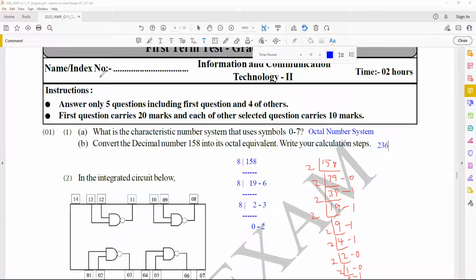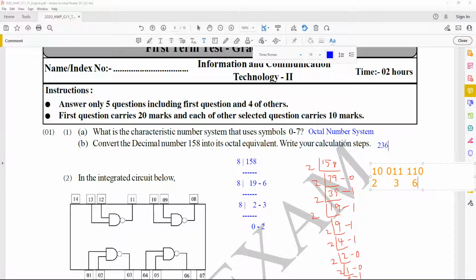So if you divide by 2, then we can write 1 0 0 1 1 1 1 0. So which means if you put 3 bits like this, this becomes 2, and then this becomes 3, this becomes 6. So whichever the way you are comfortable with, you can use it.